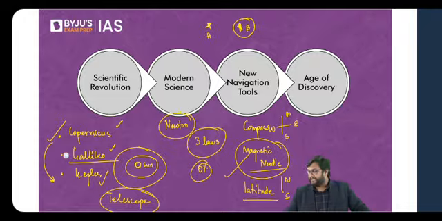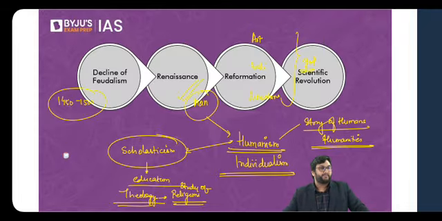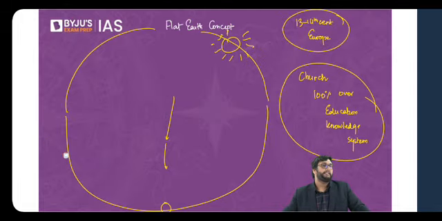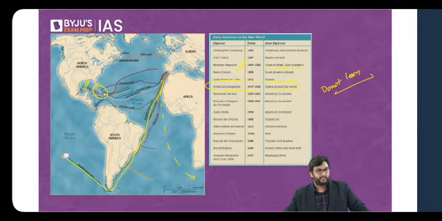Why for the past one hour I've been talking about Renaissance, Reformation. All of these events are connected to each other because they take away the power of the church, which allows these travelers to go across the Atlantic. They had the courage to do it. Previously, they did not. So let's take a break here.